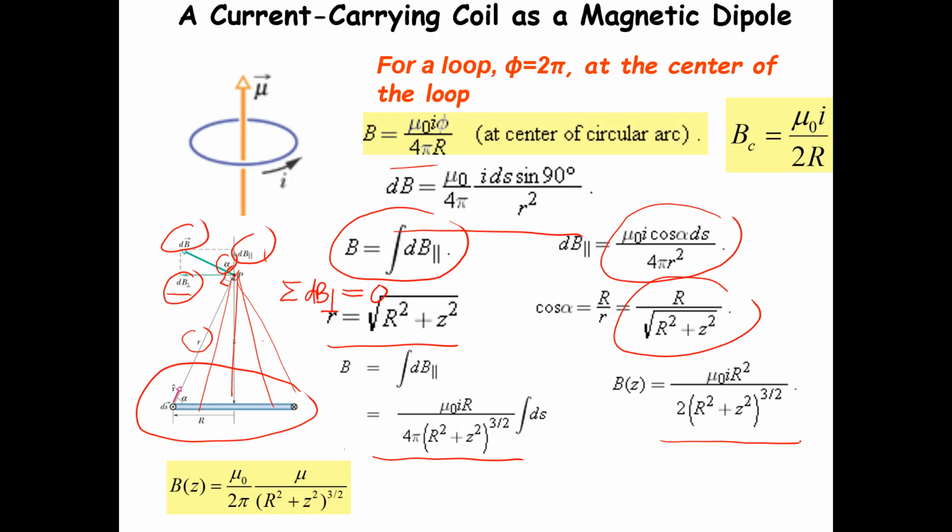We can replace I π R squared with the mu, so this equation becomes mu 0 per 2π mu per (R squared plus z squared) to the power 3/2.